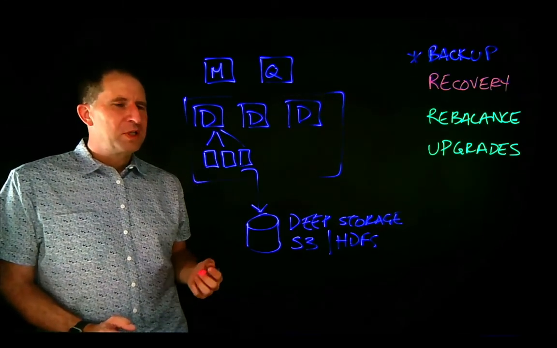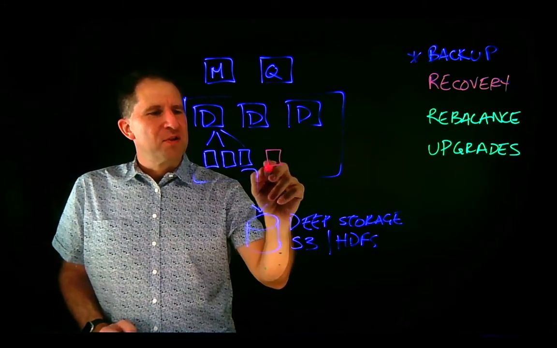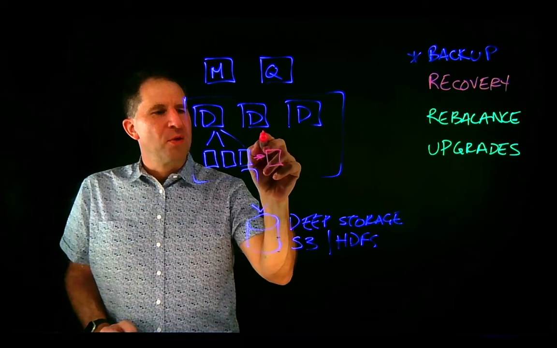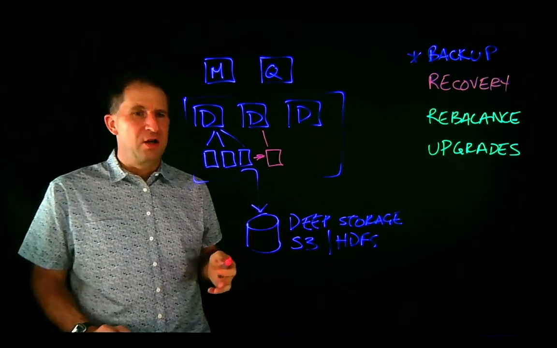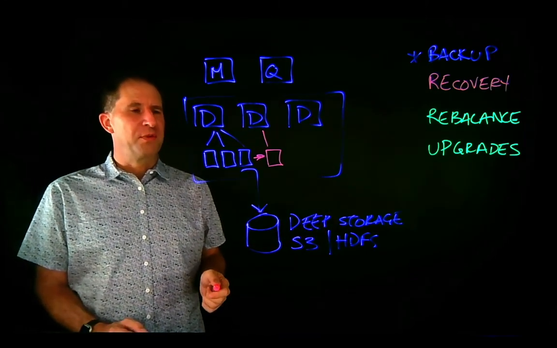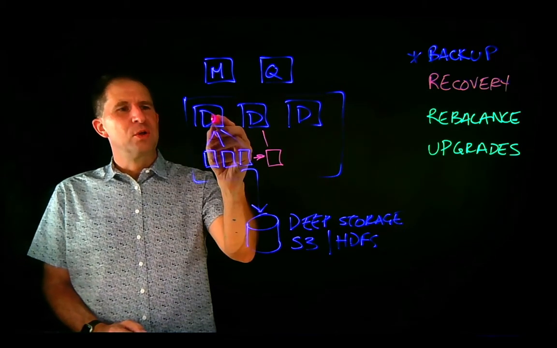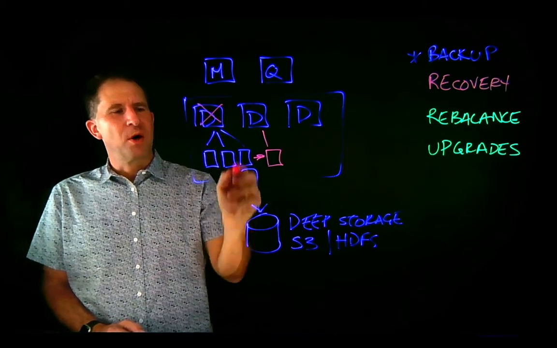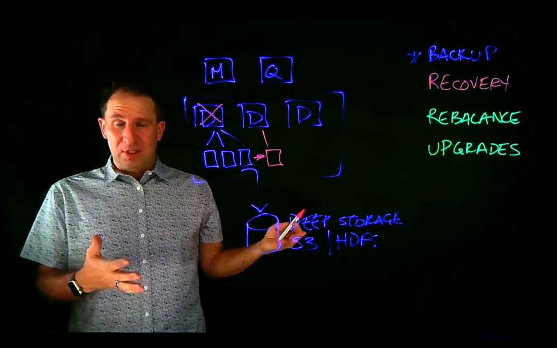So what about recovery? Well, every one of these data segments is replicated to another data node. If you have more than one data node, we'll replicate to that data node, or we can replicate several times depending upon how much protection you want there. So when it comes to recovery, if you lose a data node, let's say this one, well, because it's been replicated to another data node, we just keep going.